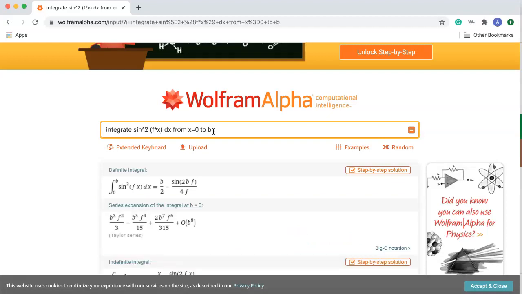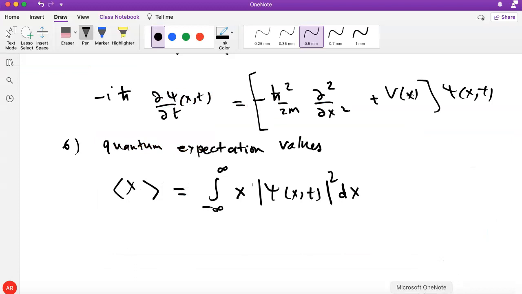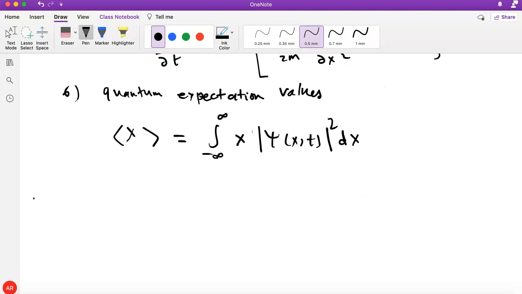All right, so it's a very useful tool. Once you reduce the problem to some integral, you can just plug it in there. All right, so let's now keep going with the Schrodinger equation.